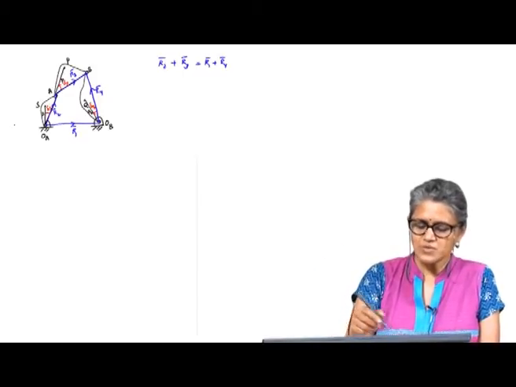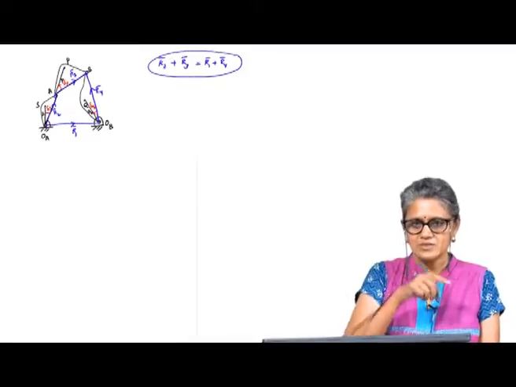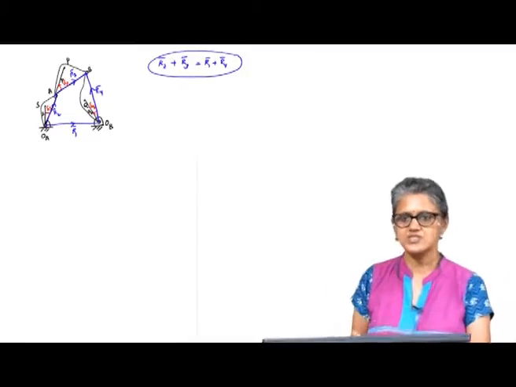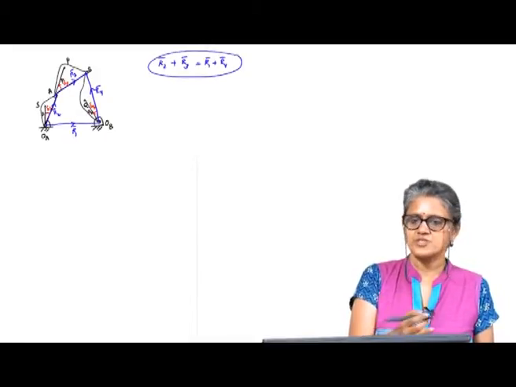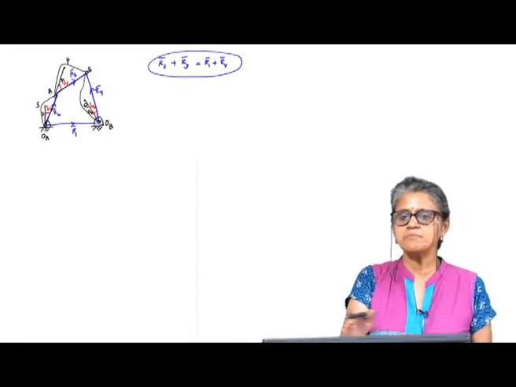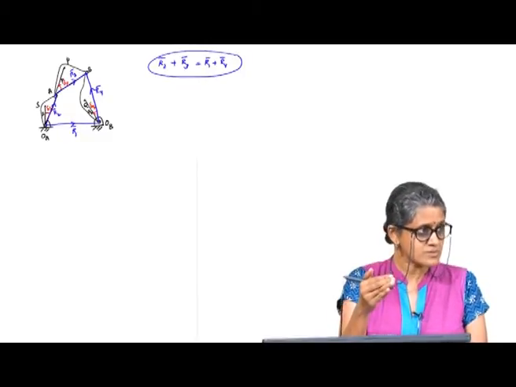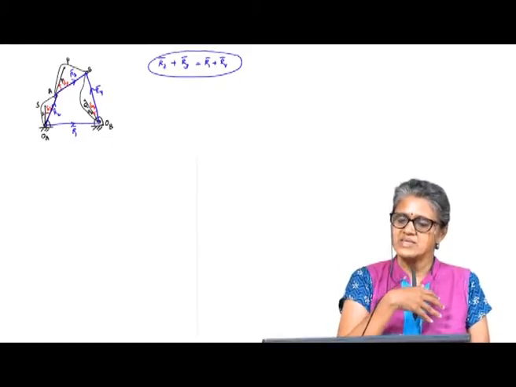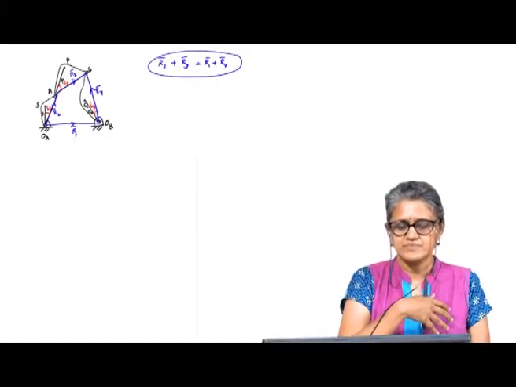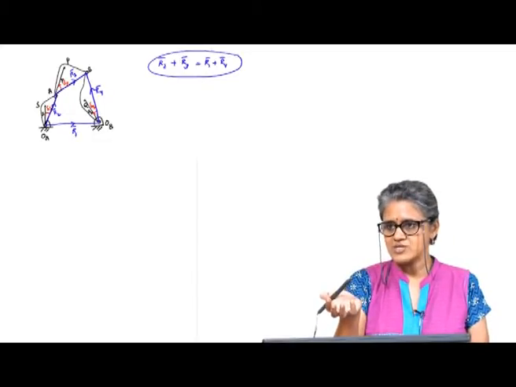So, here once I do the position analysis for this kinematic chain, I can find the position of any point on the linkage. So, why do I say that once I find theta 4, I can basically specify the location of any point on the linkage.